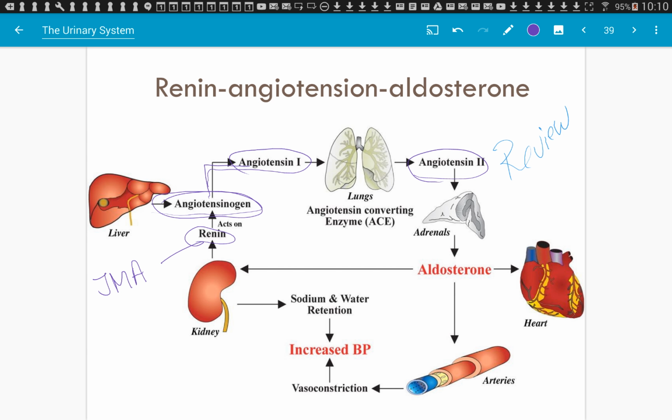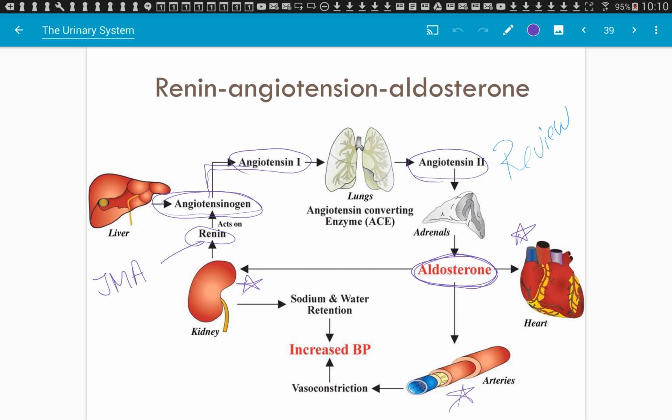Angiotensin 2 works on your adrenal glands. It tells your adrenal glands to release aldosterone. What does aldosterone do? Well, it has 3 major effects. It can affect the heart, affects the vessels, and then goes back and directly affects the kidney.